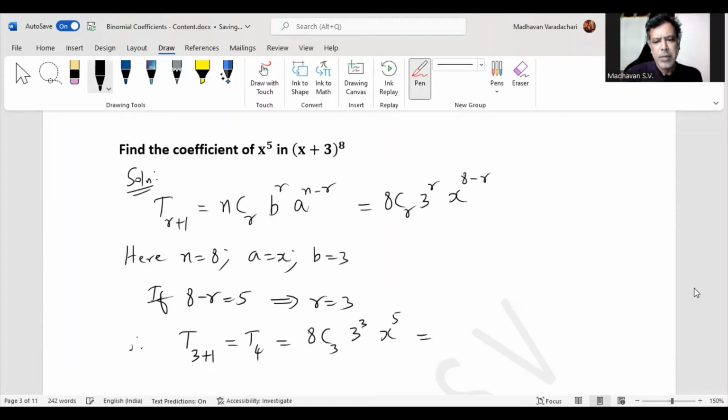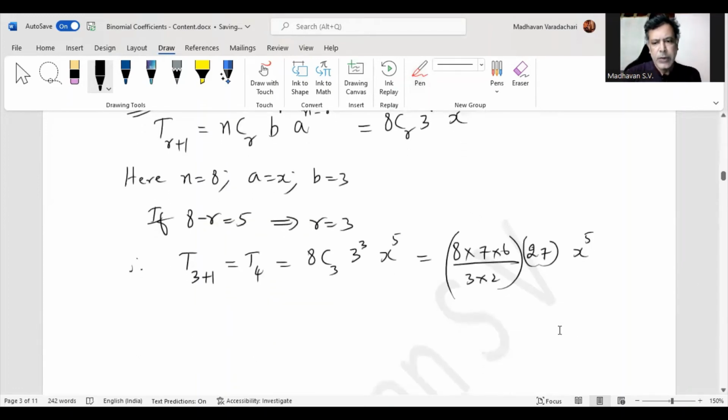So this is nothing but 8C3, we can expand it. 8 into 7 into 6 divided by 3 into 2, and then 3 cube is nothing but 27, multiplied by x to the power of 5. Now this gets cancelled with this, and 8 into 7, 56, 56 into 27, we get 1512 times x power 5.